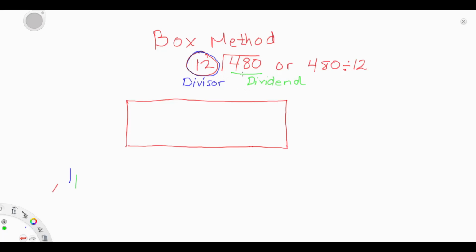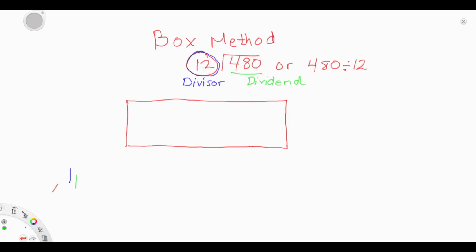So in other words, this problem is telling you to take 480, whatever you want it to be, 480 cars, 480 pencils, 480 balloons. They want you to take that 480, whatever it is, and divide it evenly into 12 groups. So you're going to take a total of items and divide them evenly into 12 groups.